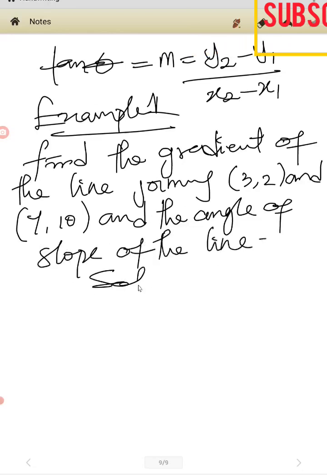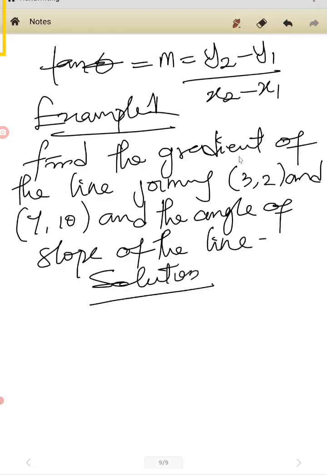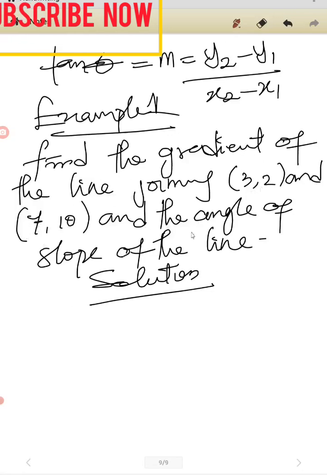So if you're able to see this question, it says find the gradient of the line joining this first point and second point, 7, 10, and the angle of the slope.